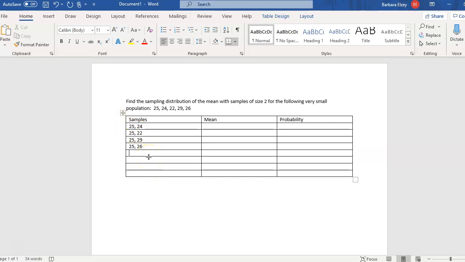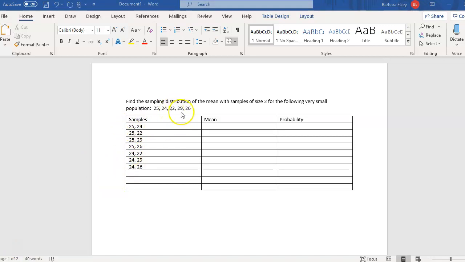Just continuing in a systematic fashion, I could have the 24 together with the 22. I could have the 24 together with the 29. I could have the 24 together with the 26. That takes care of the 24 and the 25. So let's move on.